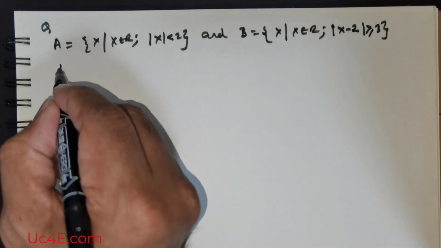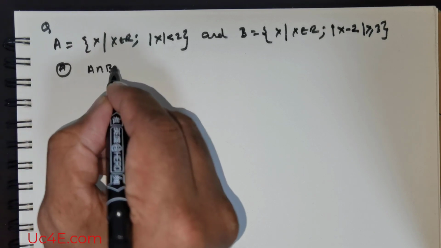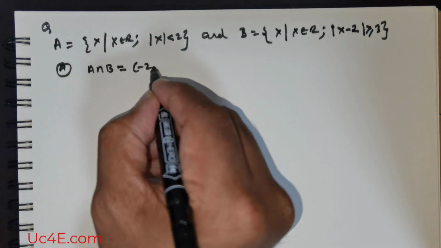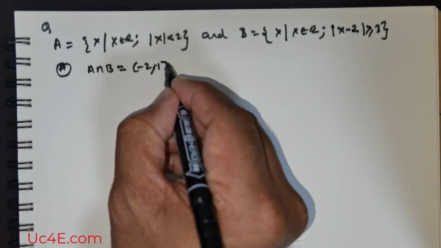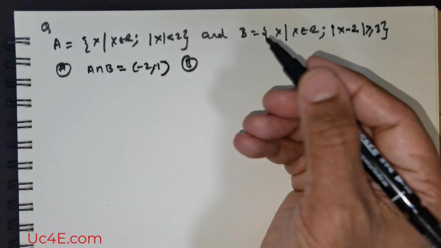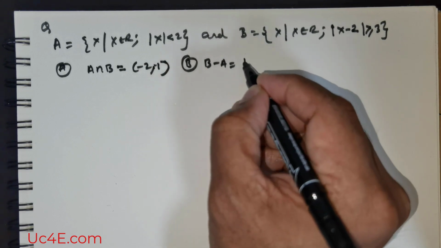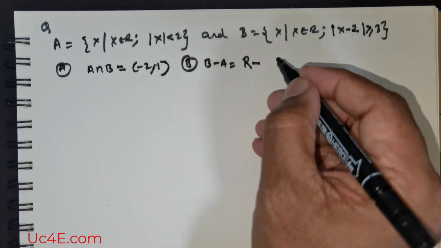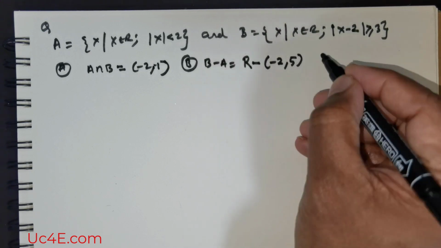Now you will have to pick one of the choices. Choice A: A intersection B is open interval negative 2 comma negative 1. Choice B: B minus A is equal to R minus negative 2 comma 5.